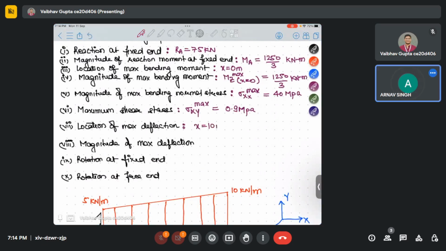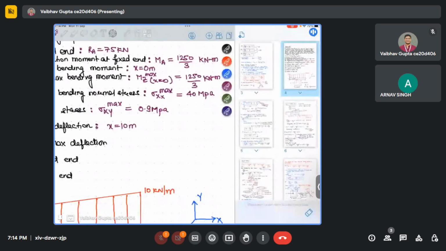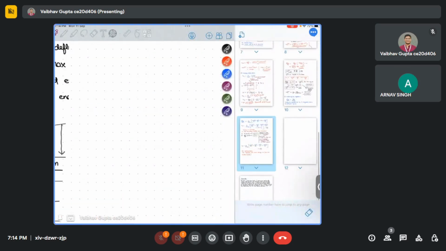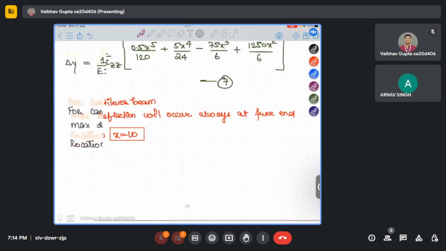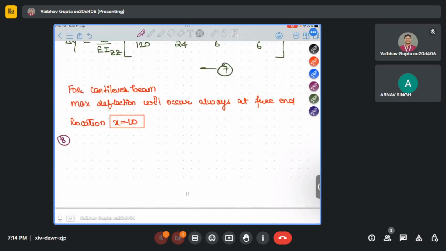Now they ask the magnitude. So now we know the location, at x equal to 10 we will get maximum deflection. So just put x equal to 10 meter in equation 7 to get del y maximum.